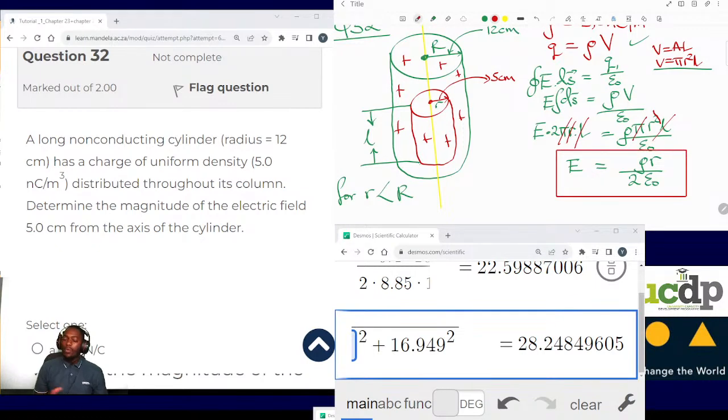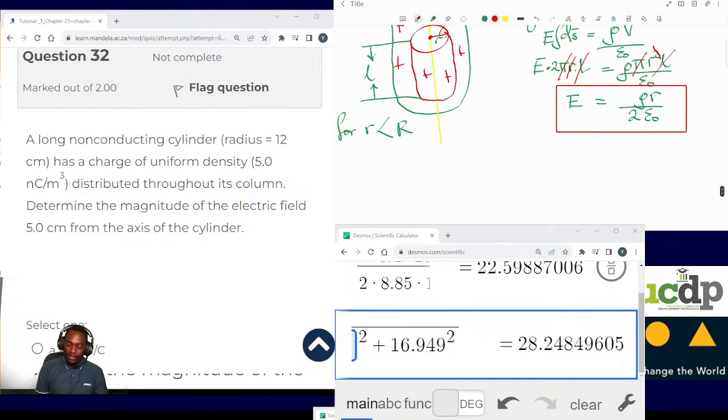All right, so once we've done this and once you've understood that you have solved the problem, what remains is the substitution. So our E is equal to sigma, which is 5 times 10 to the negative 9.